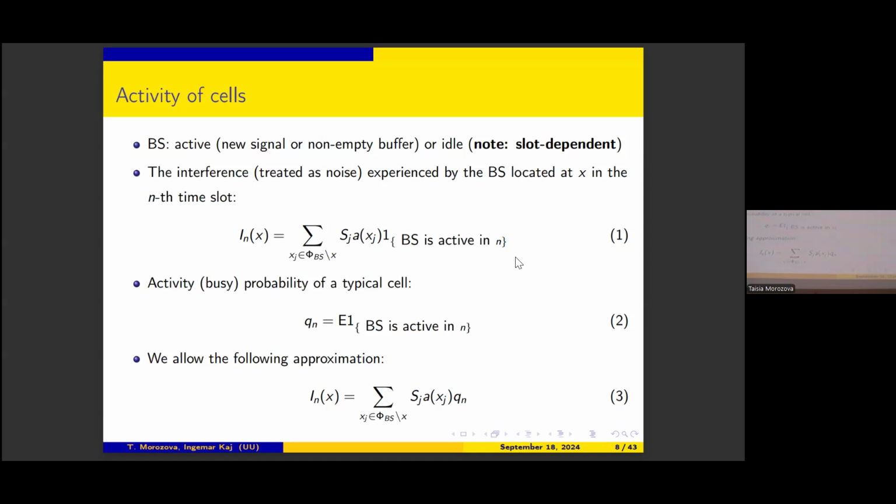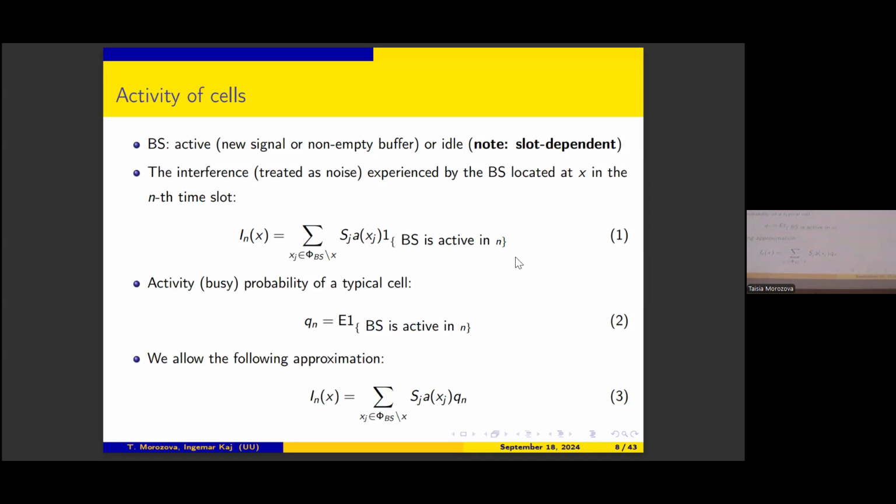If this is not the case, if they have nothing to transmit, then they are idle, so they don't contribute to the interference. So how do we define interference? The general approach is treating interference as noise and having the signal-to-noise ratio. We consider the interference as a sum of all the received powers from the rest of the cells, except that we only account for the active cells. This is why we have this additional indicator here.